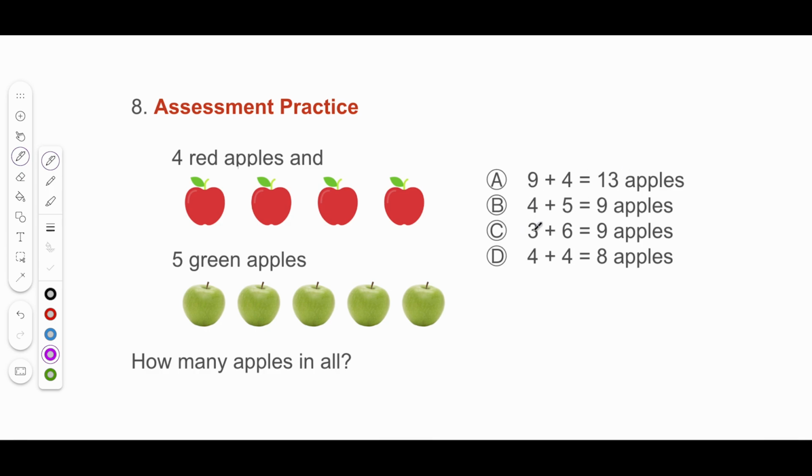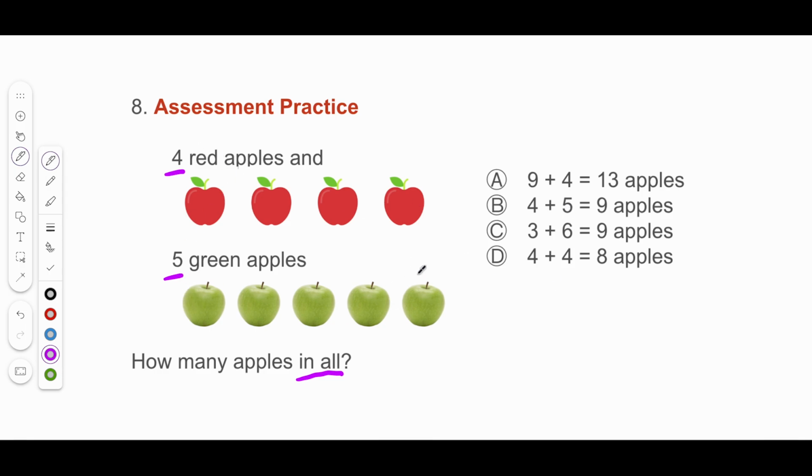They're going to choose the correct equation that shows these parts being added together to get how many apples there are in all. Now, there are 4 red apples and 5 green apples. So if we added these together, because we're looking for in all, we're looking for a sum. This is a part, this is a part. So I'm looking for, in the answer choices, the parts to be 4 and 5.